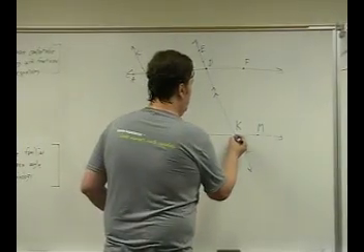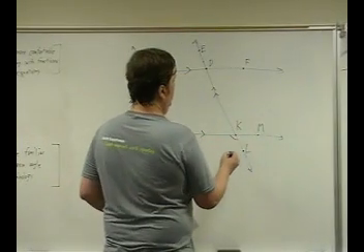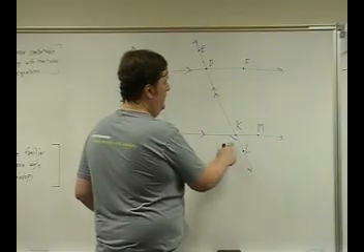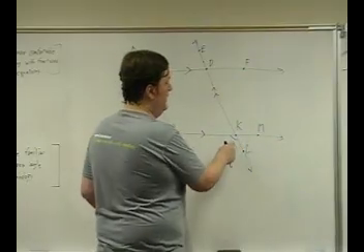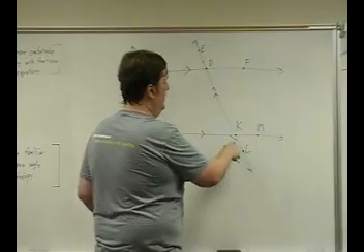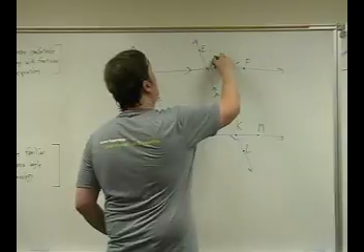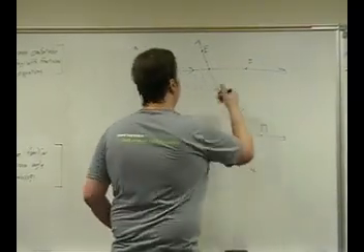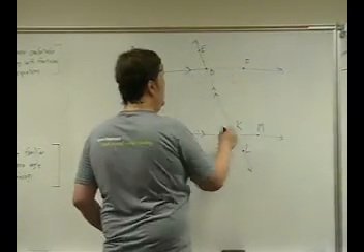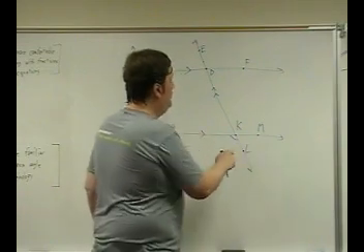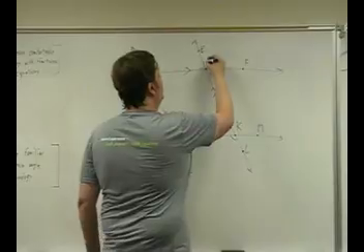So I'm going to pick this one, because this is my transversal. This is the angle I'm choosing that's outside of the space in the parallel lines. So that means, let me do this to make it a little bit neater. The alternate exterior angle to this angle here, to HKL, is going to be EDF.